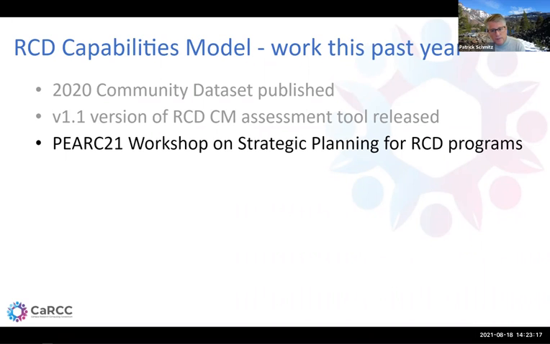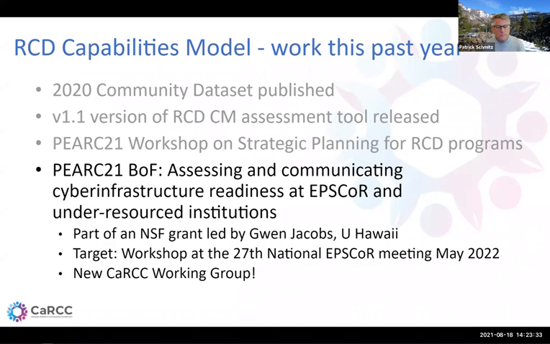Workshop participants also identified key resources that would support strategic planning for research computing and data. And the working group is going to take those and work to gather and share these resources for the community broadly, especially helping institutions that don't have a long tradition or a lot of resources for strategic planning.